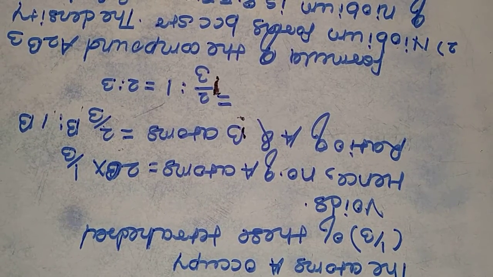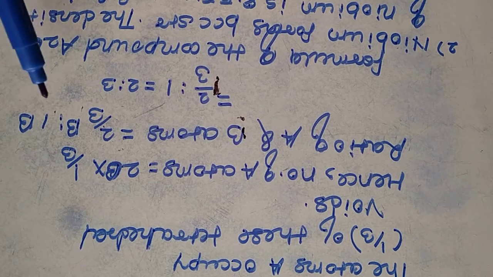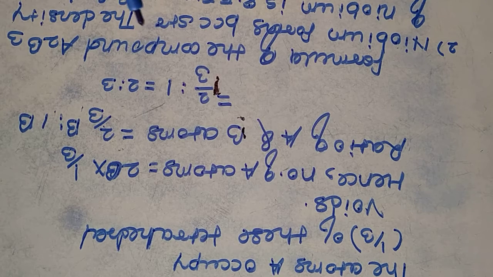This is the simple ratio of A and B atoms. Then you get 2/3 to 1, that means 2 to 3. So that's why the formula of the compound is A2B3.